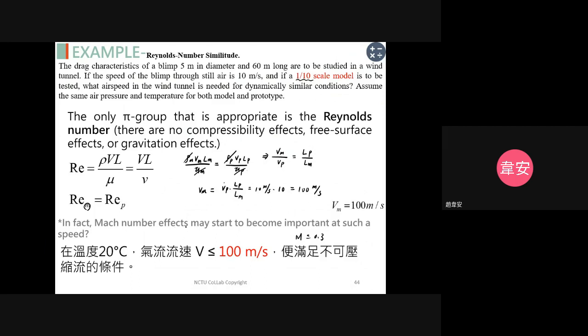So usually we will have some trade-off. If we consider our problem needs to satisfy equal Reynolds numbers, then we will meet some problem. The problem is the model velocity is too high, and then we need to further consider the dynamic similitude for the Mach number.